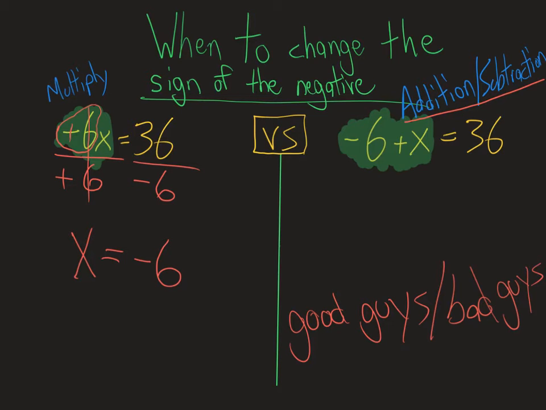That's different than a multiply divide problem, when there's a multiple of x or something dividing with x. If it's bad guys, good guys, then we need to notice what the sign is. Are we adding some bad guys or adding some good guys? And whatever it is, we need to bring the opposite. In this problem, it's adding in some bad guys, so we bring good guys. That's what's going to cancel it.